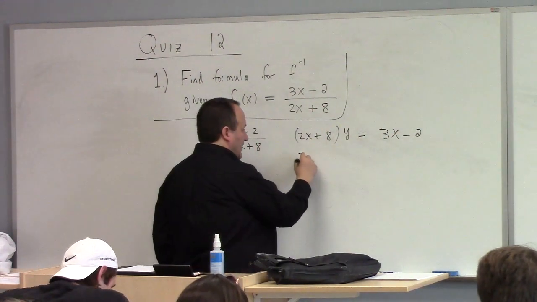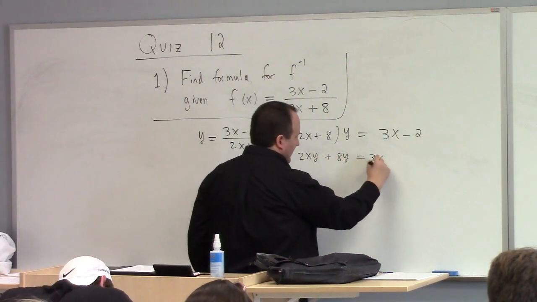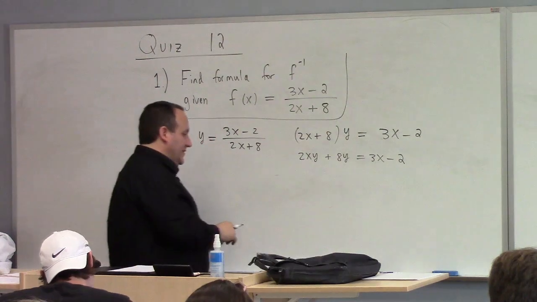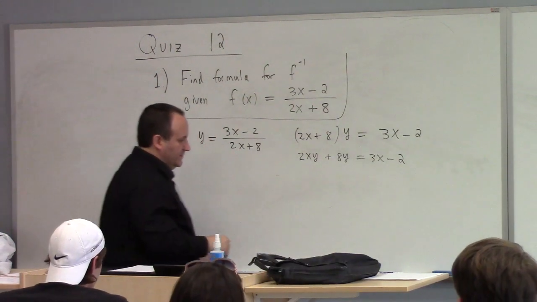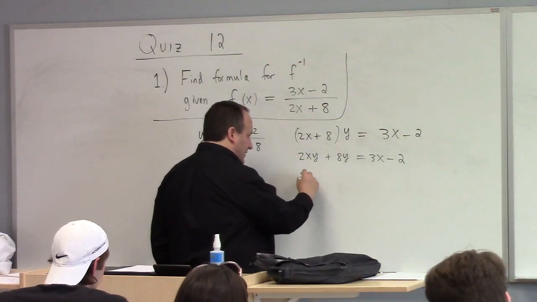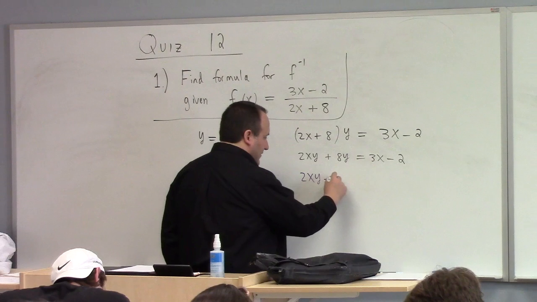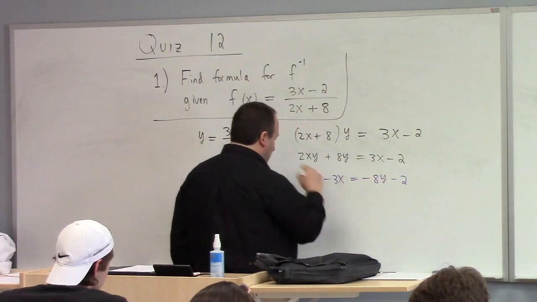We get 2xy plus 8y is equal to 3x minus 2. Now I want all my x's to be on the same side. That's going to give me 2xy minus 3x is equal to minus 8y minus 2.